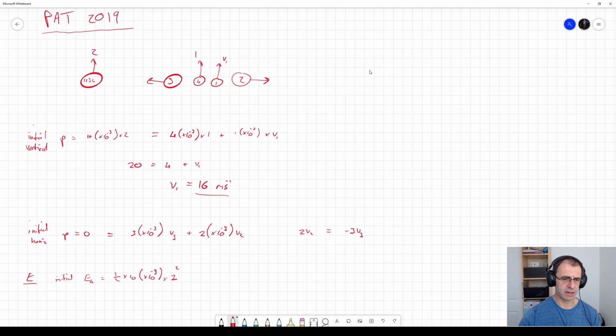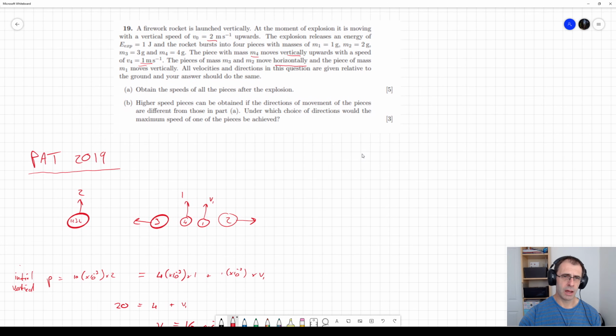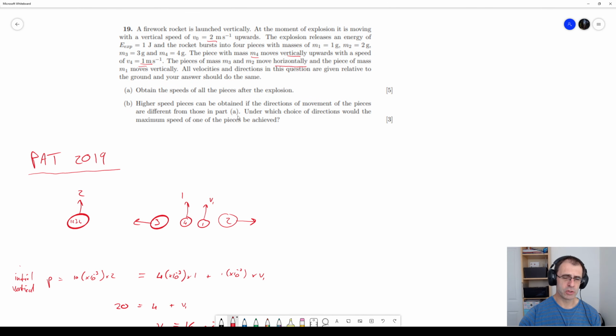That's the initial kinetic energy. The explosion itself produces 1 joule.